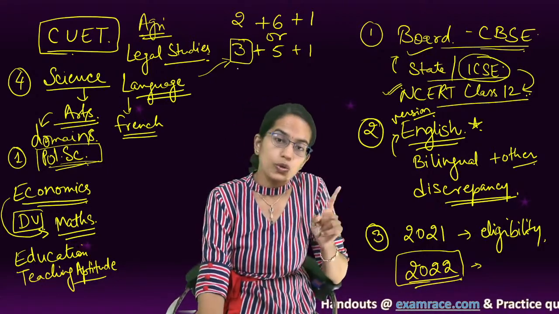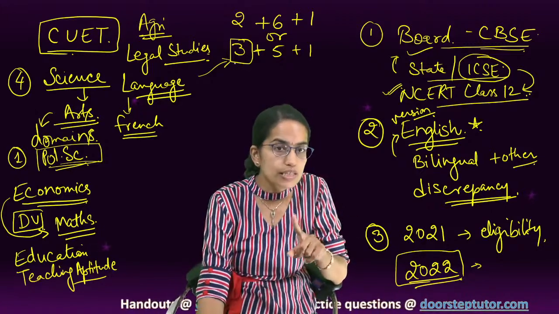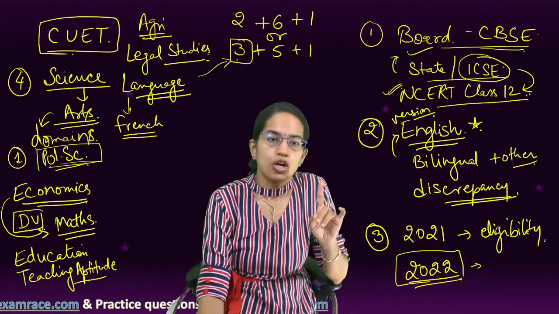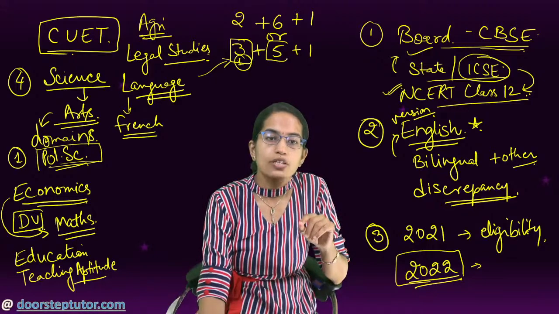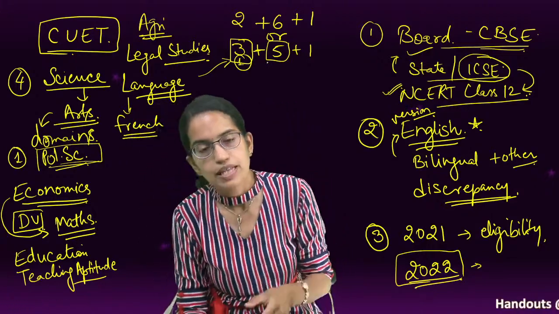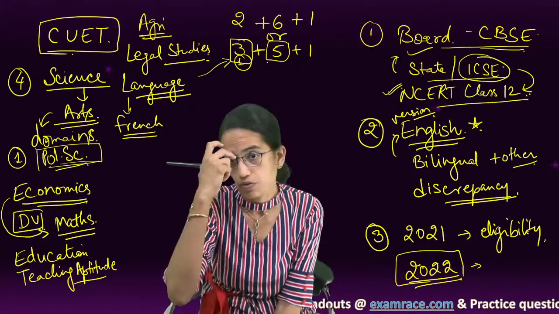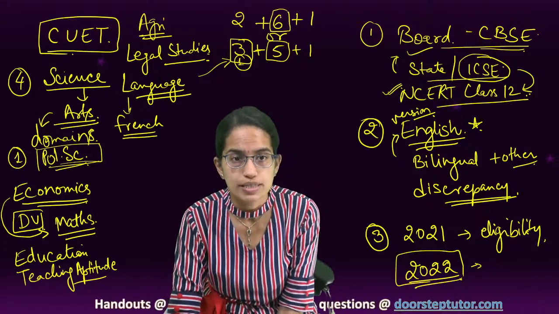So if you want to do your higher studies in languages, then definitely you need to opt for language as one of the papers. Your one subject would become language here, and then you have an option to pick a maximum of 5 subjects along with language. And if you are just picking 2 languages, which is mandatory for all, then you would have 6 domains that you can pick.